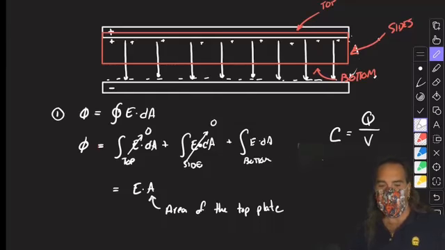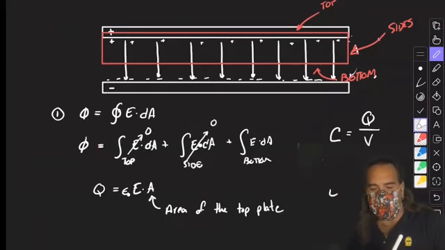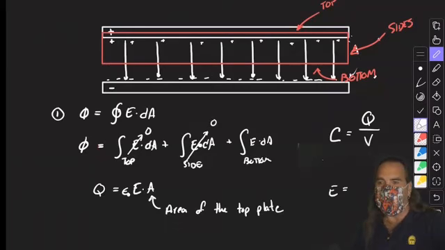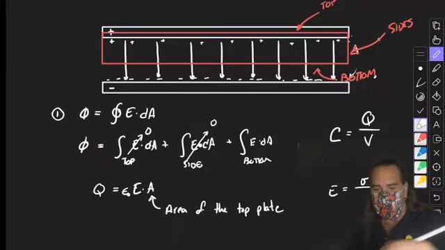Okay? So if I slap on an epsilon naught, we have the charge in terms of the electric field and the area of the top plate. Now, I will remind you that we did have an expression for the electric field inside or near an infinite plate of charge. And if you'll recall, it was sigma over what?